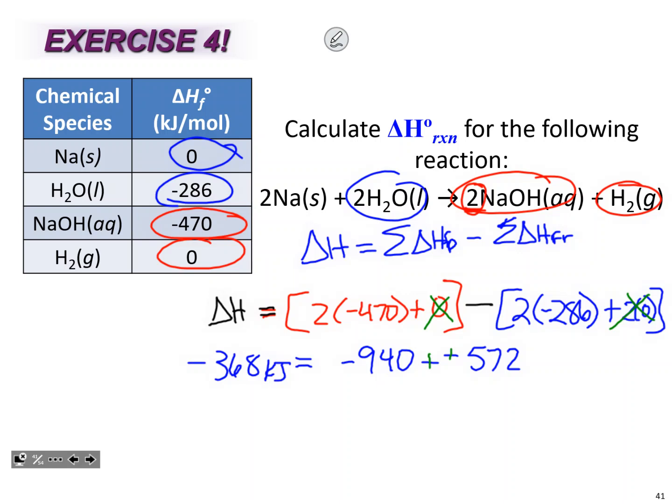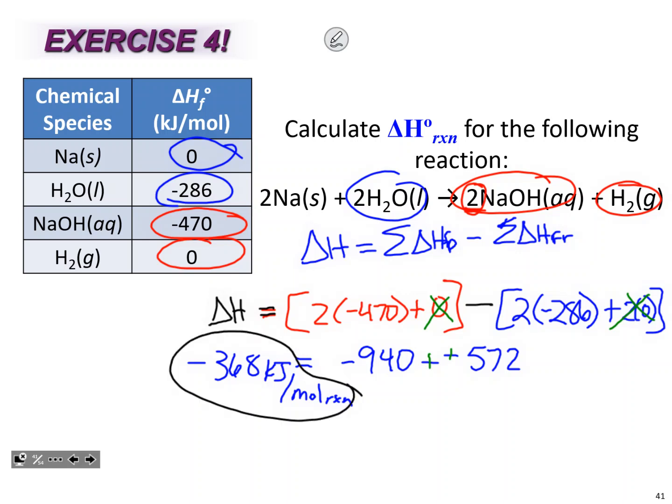I thought it was 68. Oh. I'm sorry, 68. I wrote down 68. Didn't say 68, but I wrote down 68. This is kilojoules technically per mole reaction, but I think you can put kilojoules without the per mole reaction, still be okay. And remember, per mole reaction means like 1 time of that reaction running. So that would be 2 sodiums, 2 waters, gives you 2 sodium hydroxide and 1 hydrogen. So this is the delta H.